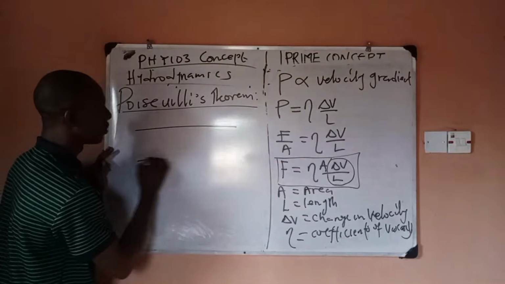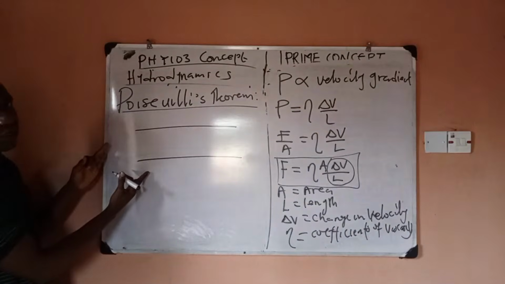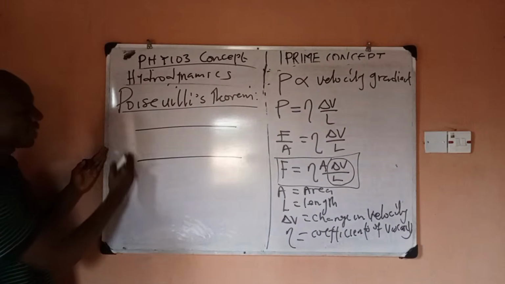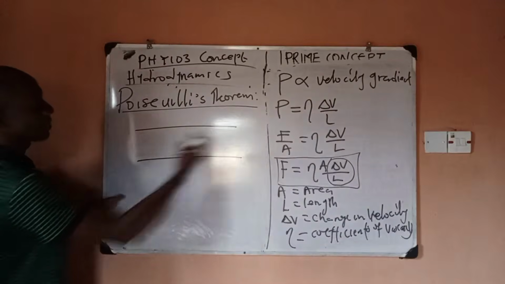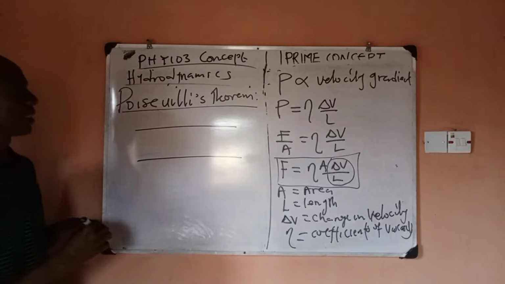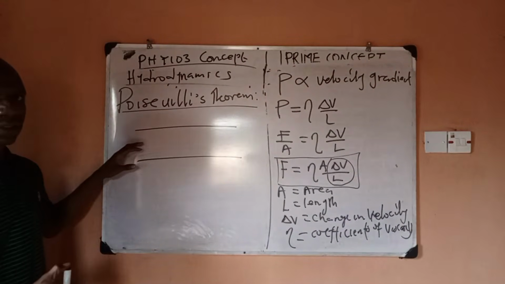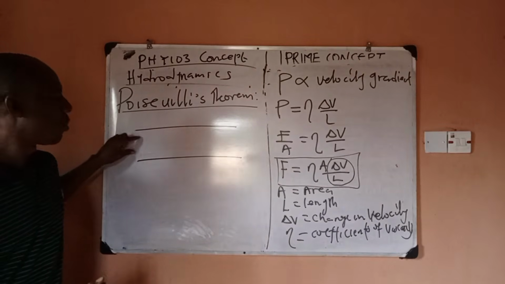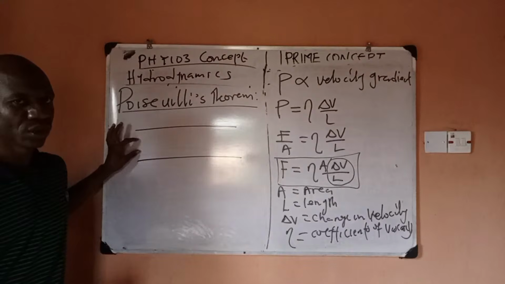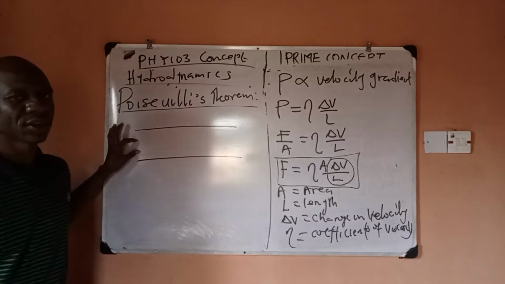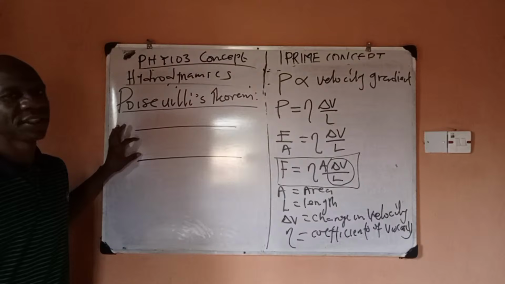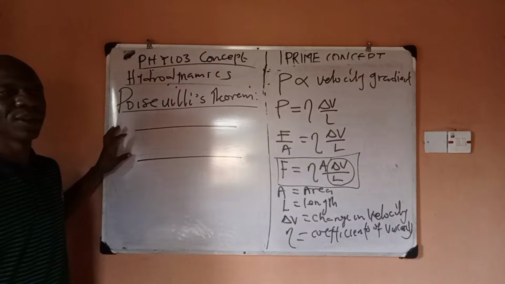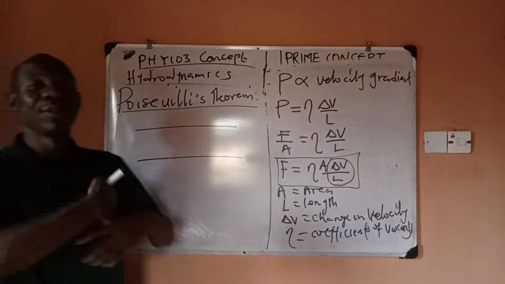If you have a horizontal pipe this way, horizontal means that the height is the same, the height difference from the ground level is the same. Inside this pipe, you pour a fluid that does not have viscosity. Remember, every fluid has viscosity, so a fluid without viscosity does not exist.